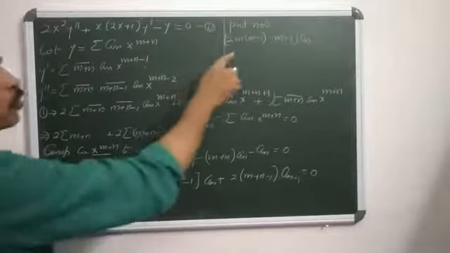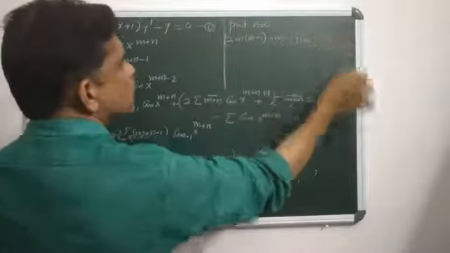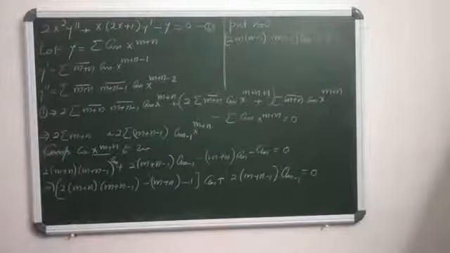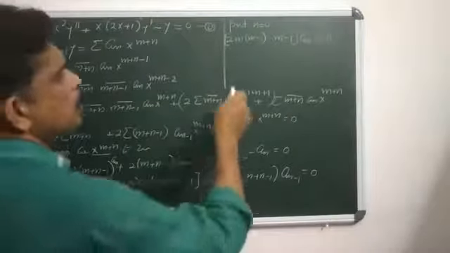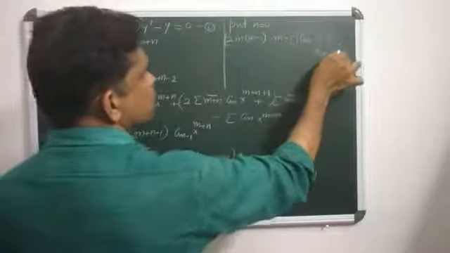So when n equals 0, we have 2 into m into m minus 1 minus m minus 1 into a naught equals 0. Since a naught strictly differs from 0, why?